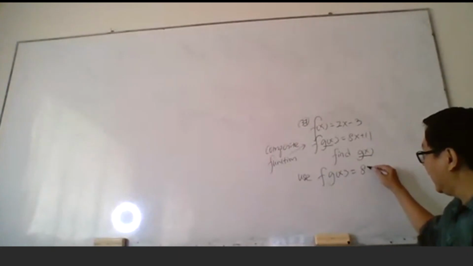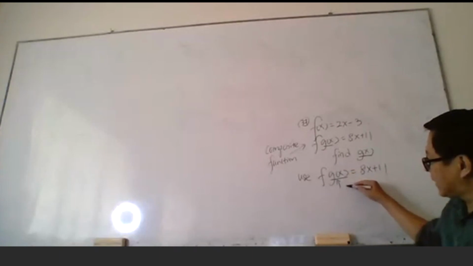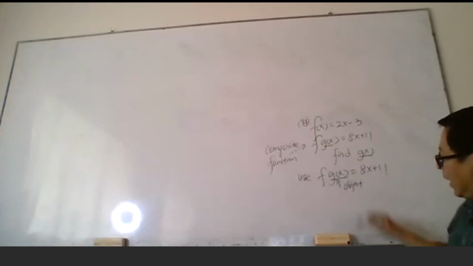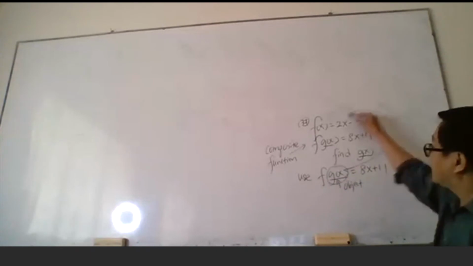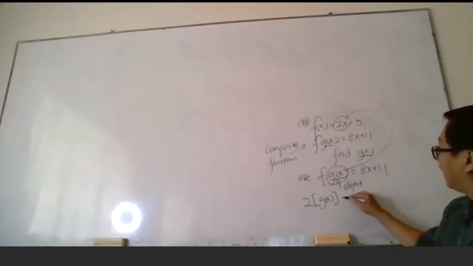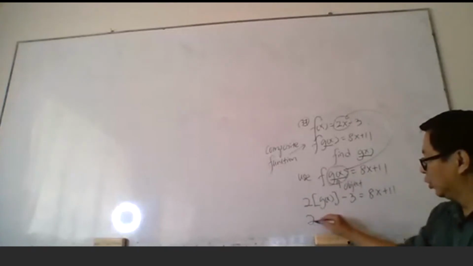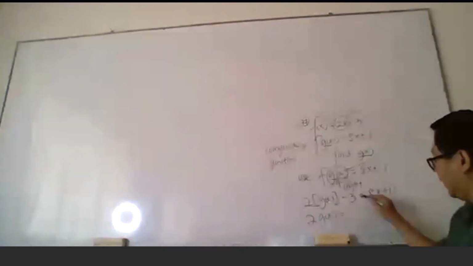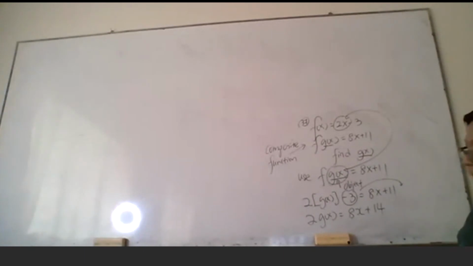Given fg(x) is 8x plus 11, I will use g(x) to represent my object, and I will put this object into my f. So it will be 2g(x) minus 3 equal to 8x plus 11. 2g(x) will be, shifting to the other side, 8x plus 14.